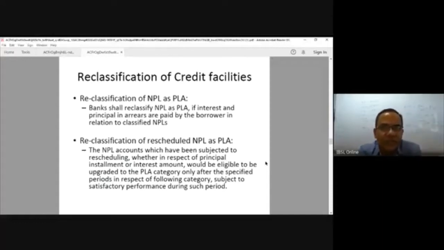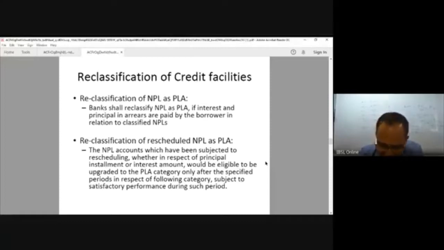During that time, for all the loans, the customer doesn't have to pay the capital; the interest has to be paid. Even if the capital is not paid, you are not going to classify that. So that is the moratorium period they gave the first time.